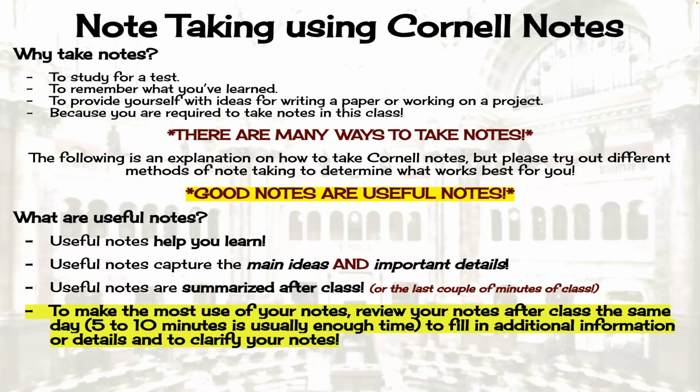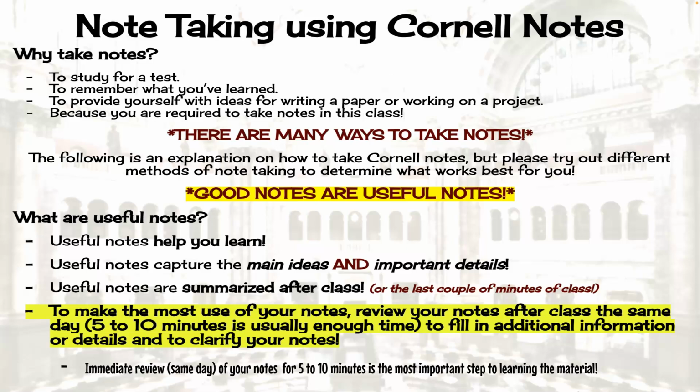To make the most of your notes, you do need to review your notes after class sometime in the same day. So as you go from U.S. history to your next class, you could be reviewing the notes, or when you get in your next class, if you have a few minutes here or there, and it only takes 5 to 10 minutes, usually more than enough time. You should be able to get it done in 5 minutes, where you review your notes, fill in any additional information or details that you might have missed, and then of course clarify your notes.